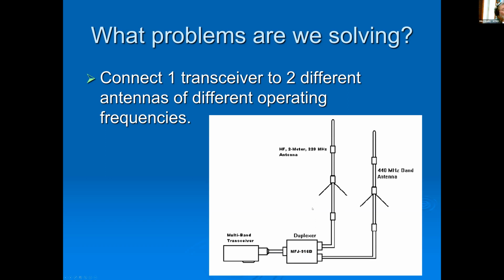Now, what I've used this for is that I have a couple beams up on my tower that one of them's a 2 meter beam, one's a 440 beam. And rather than having to run two big old honking pieces of very expensive coax going up in top of my tower there, right between the two beams, I have this duplexer.